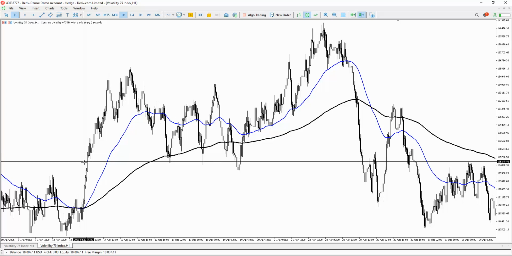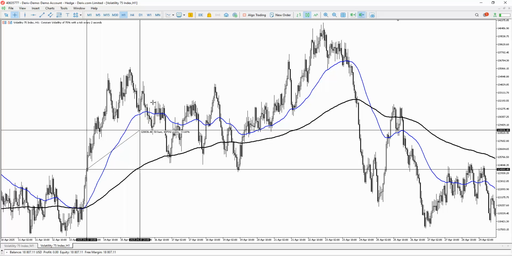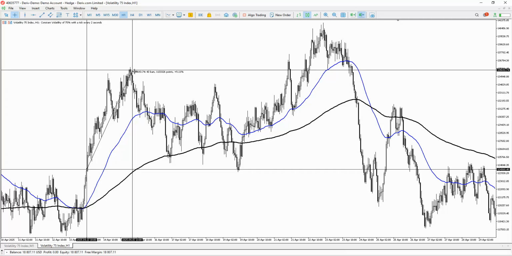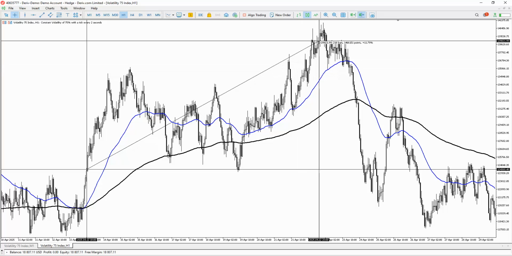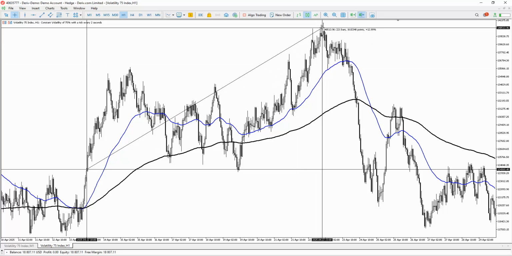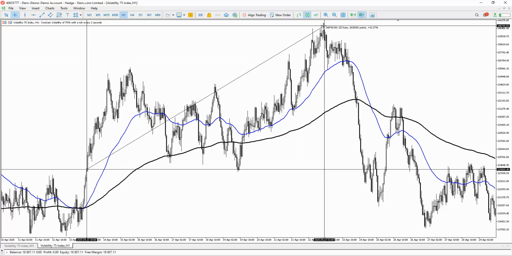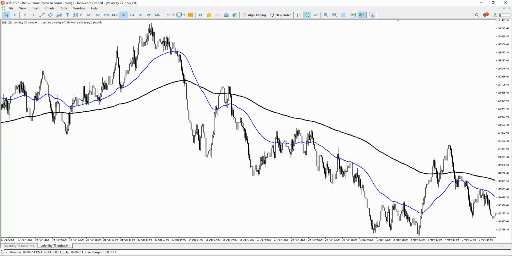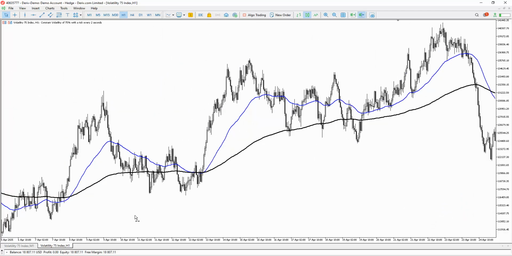This is a crossover here, and you can see the market went up about 10,000 pips. You know, the way you calculate pips in Deriv is a little bit different, and the absolute high it gave you is about 1,600. You can see when it crossed down, that's the current downtrend we are in.